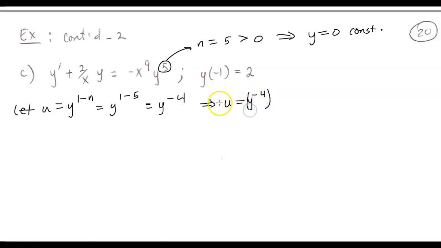So therefore, to figure out what y is going to be, we have to raise this to the negative 1/4 power on both sides. And so this essentially means that y is going to be u raised to the negative 1/4.